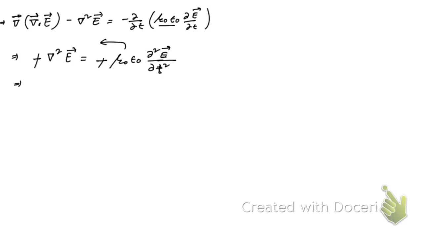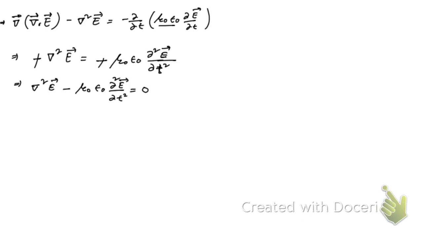If you bring this down to this side, then what you're gonna have: del square E minus mu naught epsilon naught second order partial derivative of E with respect to T, that's equal to 0, right? And here you can see, if you observe, this is the differential form of a wave, right?